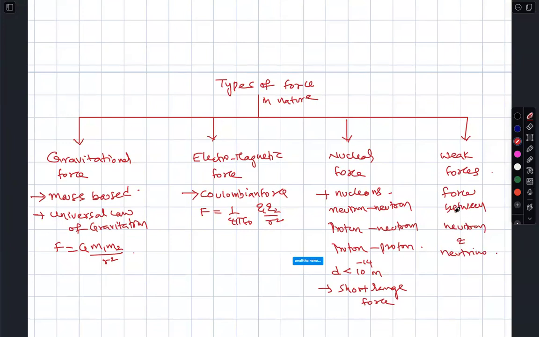Very small. You cannot feel it, as these are subatomic particles even smaller than proton and neutron size, whatever it is. That force is weak forces.